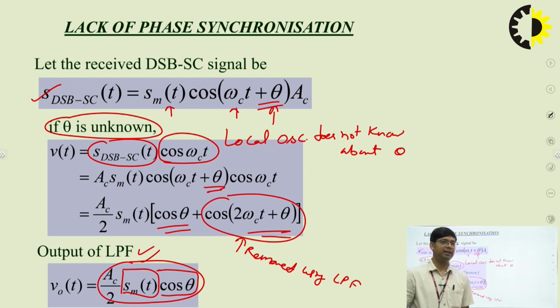In an ideal case, if there is no distortion, then there is no defect at the output, but in case there is a variation, a synchronization issue, the output is either suppressed or, in the worst case, totally 0. Now, this issue that we discussed is known as lack of phase synchronization.